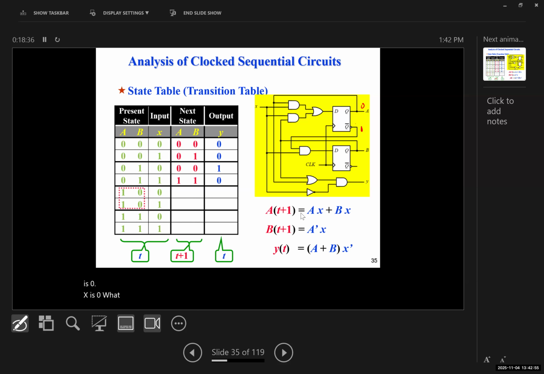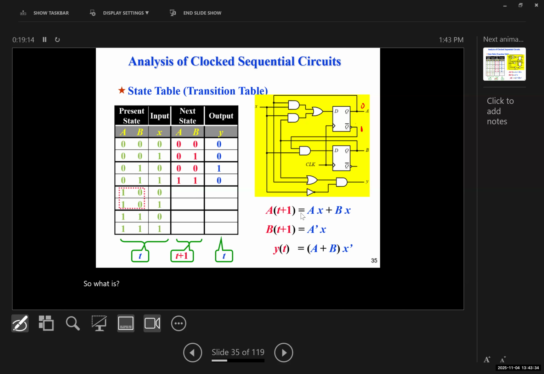What would A and B and Y be in the output? So what is A?